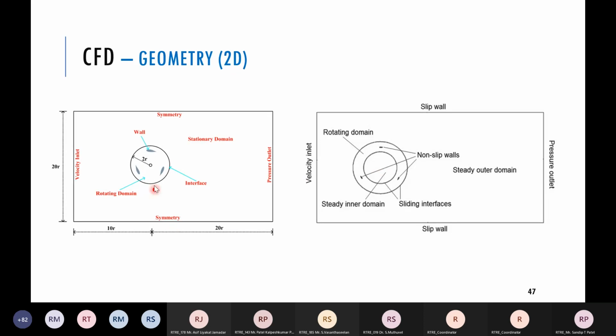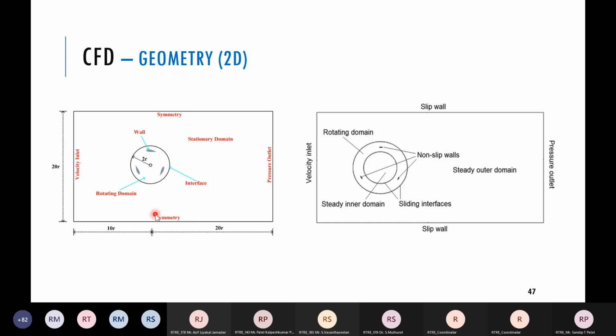Generally, the size of the domain is crucial. If you keep it very small, due to the wall boundary layer effect, the results will not give you a proper idea. So it should be large enough. But with the increase in domain size, the computation time increases exponentially.